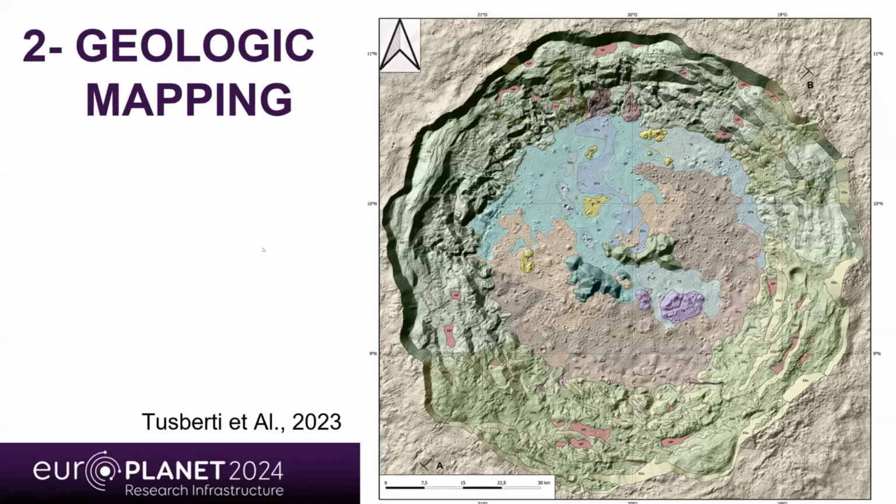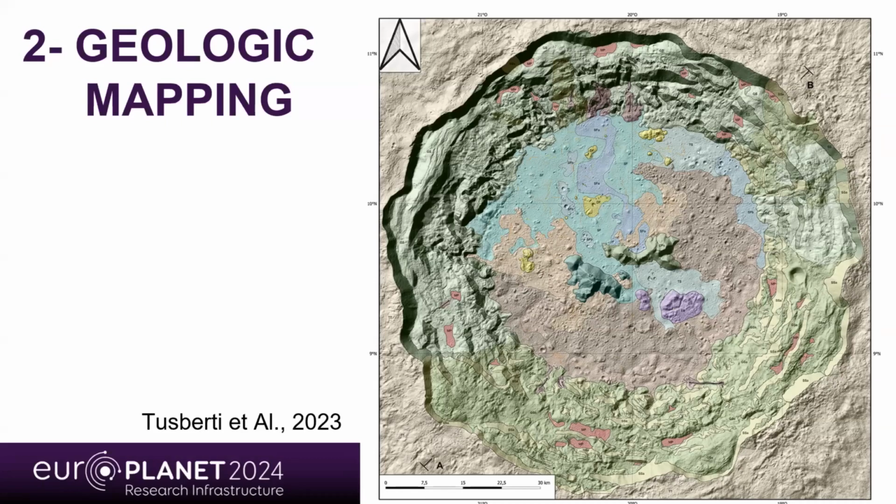And then while you are mapping, in this step you have to consider both spectral and morphological points of view. At least we did. We tried to mediate between the morphological units and the spectral units.